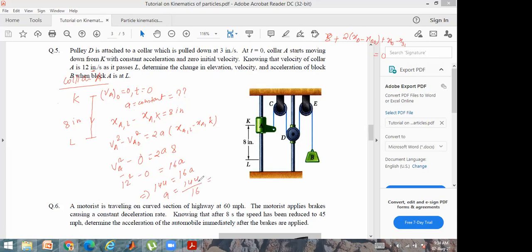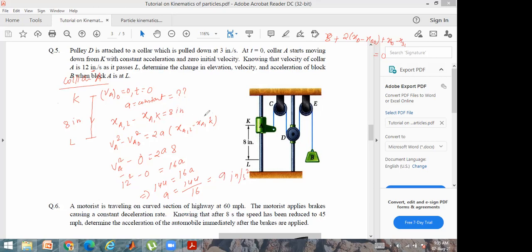So this is 9 inch per second squared. This is our acceleration.